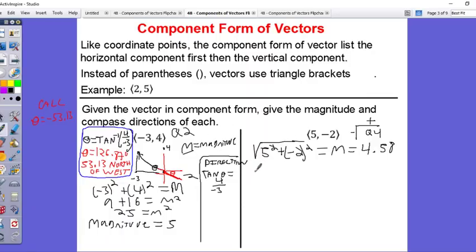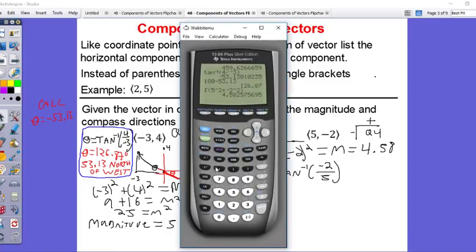So theta is going to be equal to the inverse tangent of negative 2 over 5. So pull up our calculator. We find the inverse tangent of negative 2 over 5.